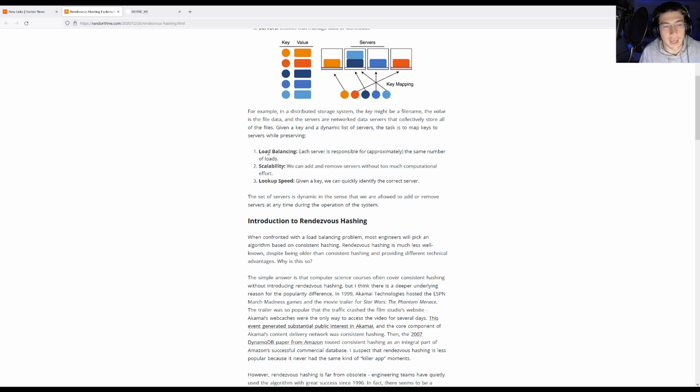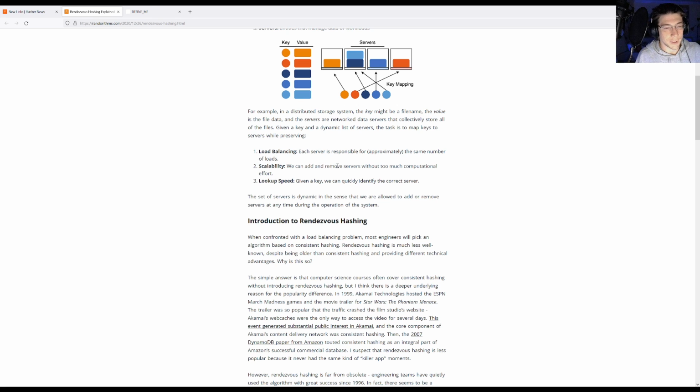So given a key and a dynamic list of servers, the task is to map the keys to servers while preserving load balancing, scalability, and lookup speed. Load balancing is used also in web requests, when dealing with web servers. Each server is responsible for the same amount of load, so the load is distributed equally.